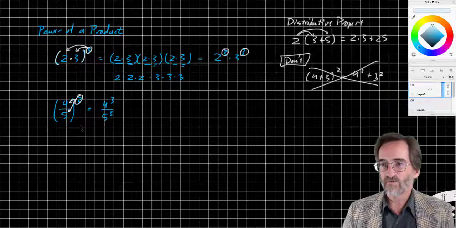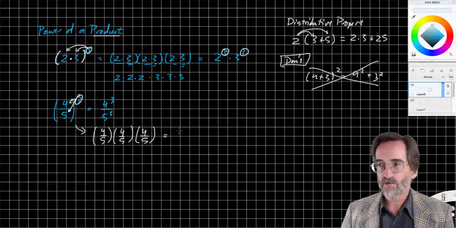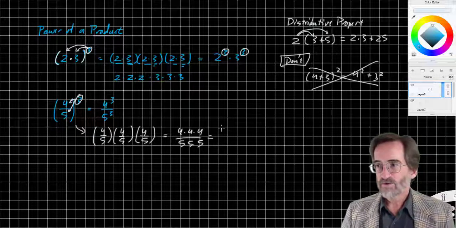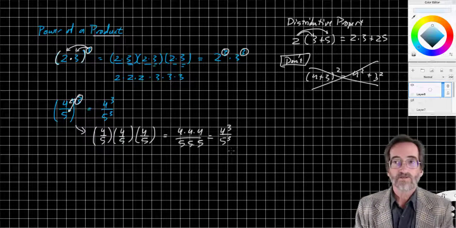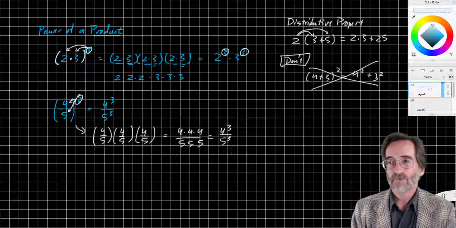And if you want verification, we can write this in expanded form. 4/5 times 4/5 times 4/5. And how do you multiply fractions? You multiply straight across. This is 4 times 4 times 4 over 5 times 5 times 5, which is 4 to the third over 5 to the third. So it even works over a division, so we can expand this to a power of a quotient as well.